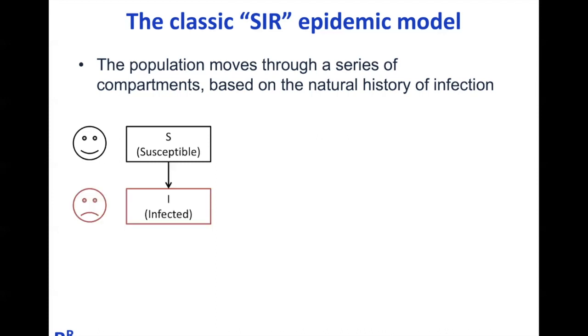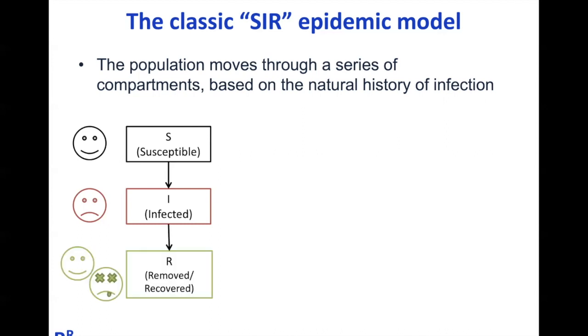Then some people got infected. As a consequence, everybody had and still has a very realistic chance to move from this box to this box, right? I hope you agree. And after a while, they are moving from this box to this box.